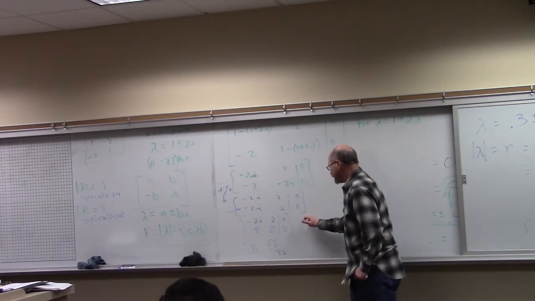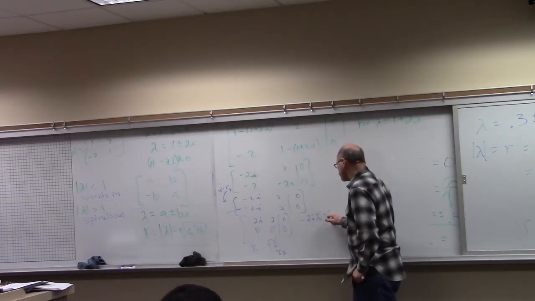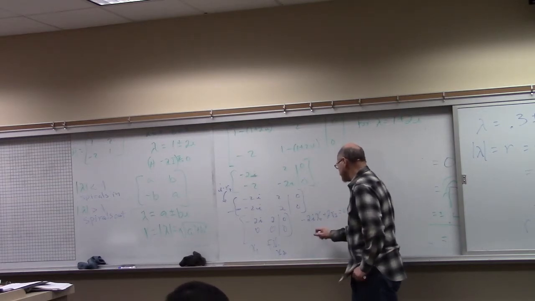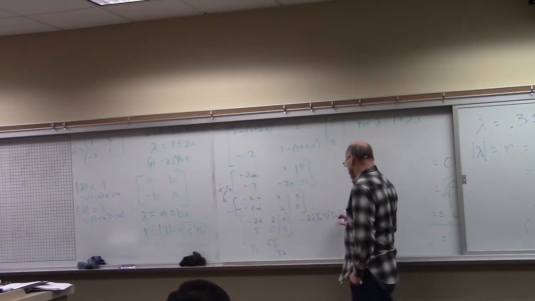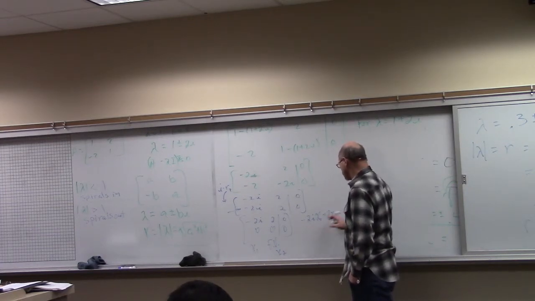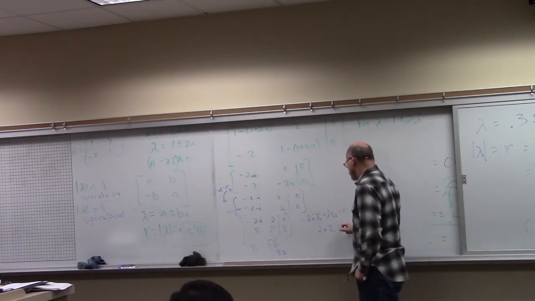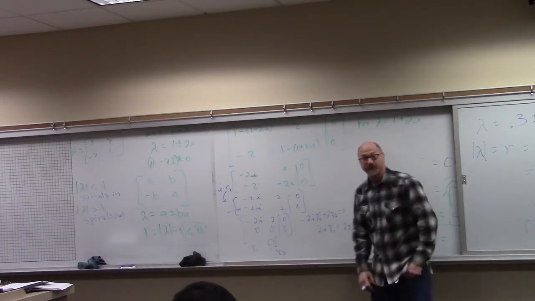And what's x1 equal to? Well, negative 2i x1 plus 2 x2 equals 0, right? So let's subtract it and change the sign. So that's 2i x1 is equal to 2 x2, right?